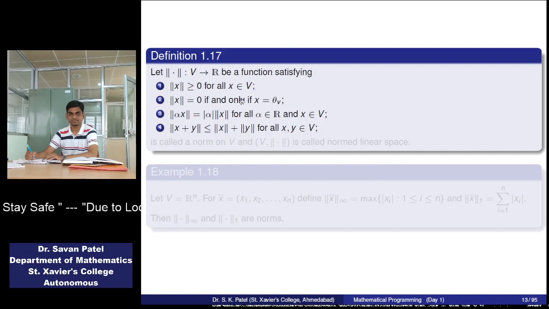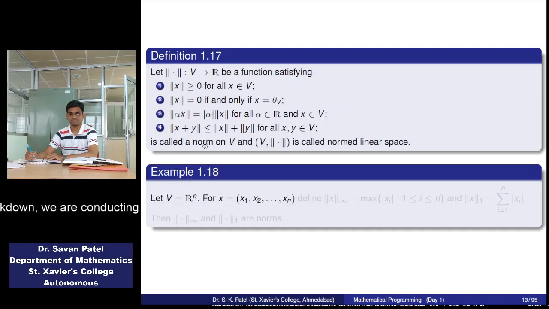If such a norm function exists satisfying these four conditions, then we say it is a norm, and V with this function is called a normed linear space.